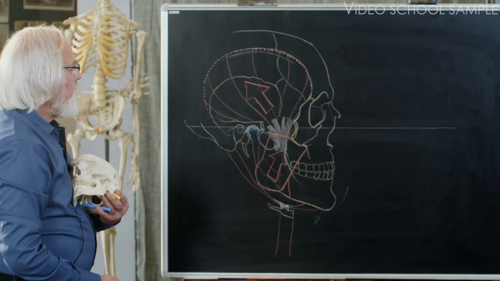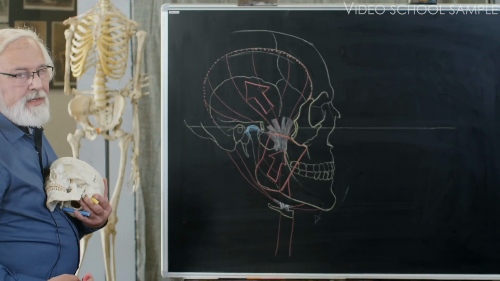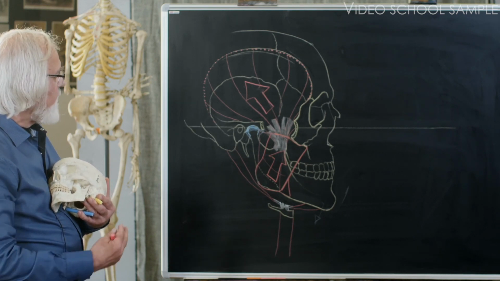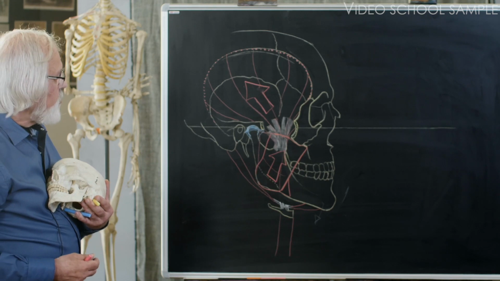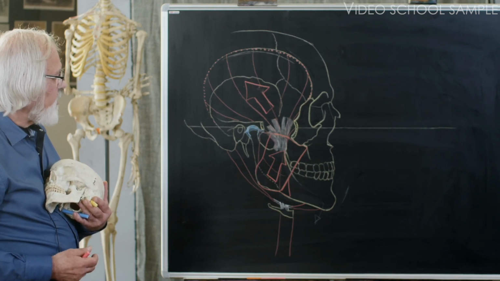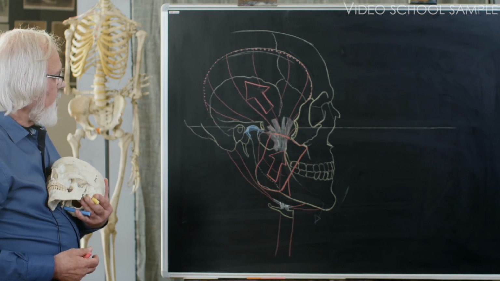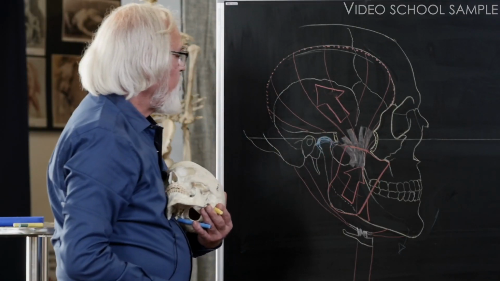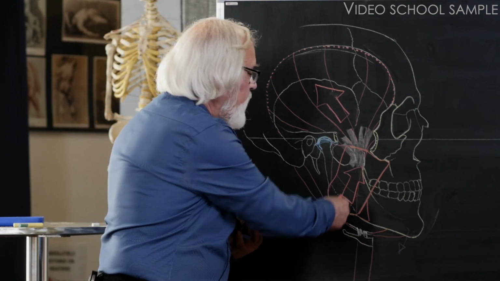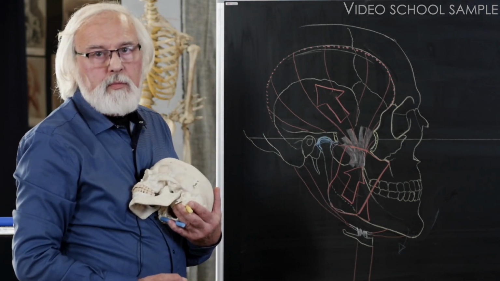So, while the temporalis muscle pulls the lower jaw up and back, the masseter muscle pulls the lower jaw up and somewhat forward. You could say that while the temporalis muscle acts on the front teeth, your masseter muscle acts more on the molars.